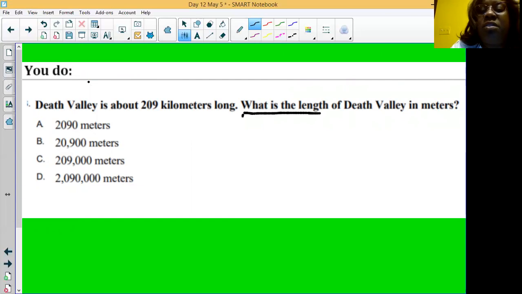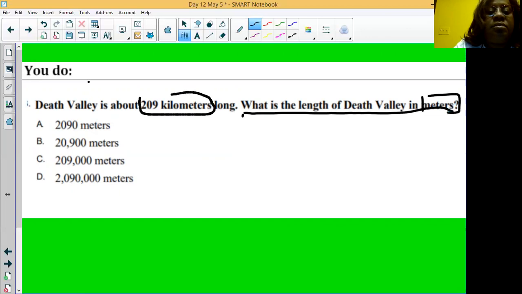So you're doing what is the length of it in meters? You have 209 kilometers. And then you would solve the problem, and this is the part where you're going to put it into Kahoot.